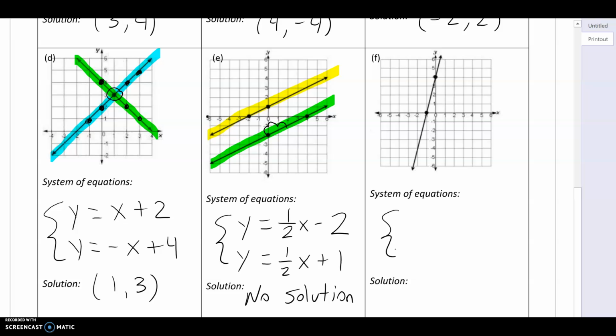For the last one, I only see one line. So when I'm seeing that, generally what that means is that the lines are on top of each other, so it's hard to see the graph of the lines on top of each other. But you're going to write the equation. It's going to be the same equation twice. The y-intercept is at 4, and the slope is up 1, 2, 3, 4 over 1. So the equation is 4x plus 4.